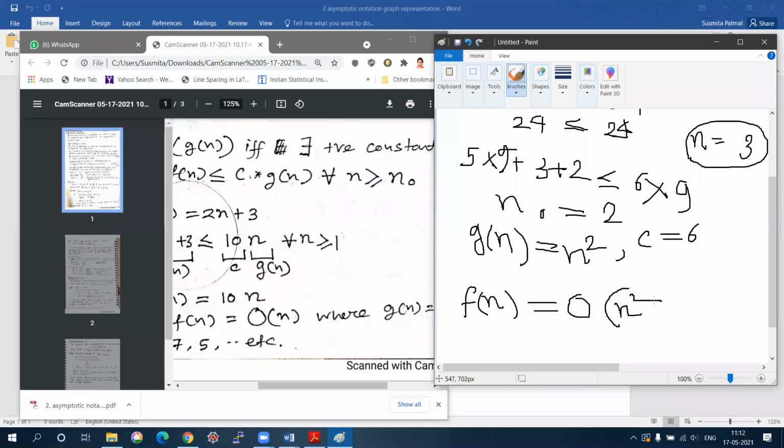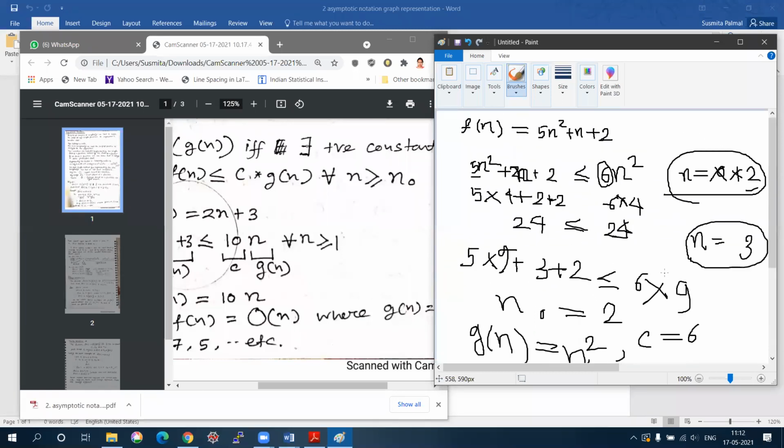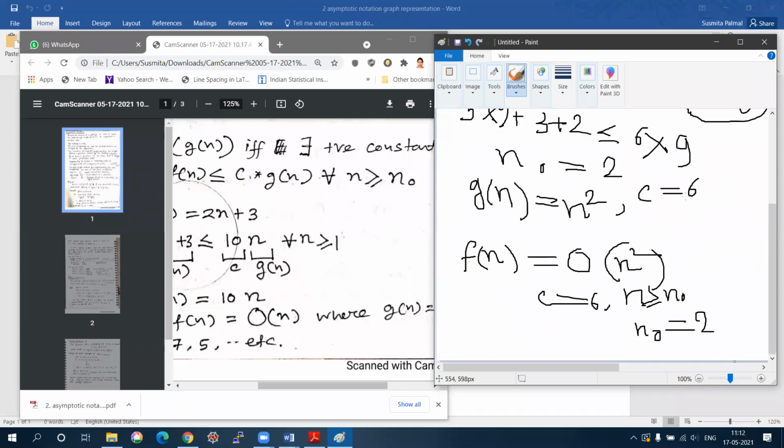Order of n square, where c equals 6 and n greater than or equal to n0, where n0 equals 2. So we could write for all n greater than or equal to n0 = 2.